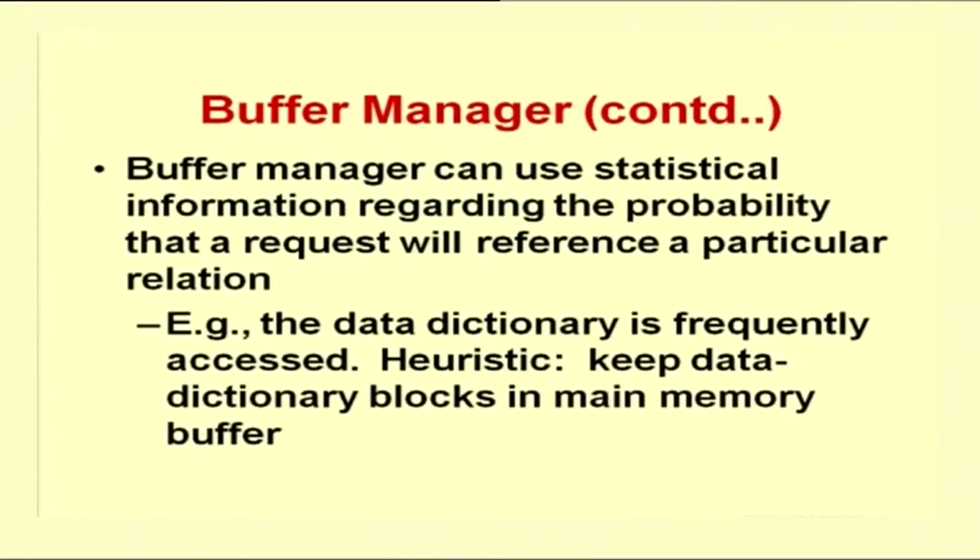For that, the buffer manager will use statistical information regarding the probability that a request will reference a particular relation, or the block where that relation is stored. For example, a data dictionary is frequently accessed. So, always keep the data dictionary blocks in the main memory, never use them for replacement.